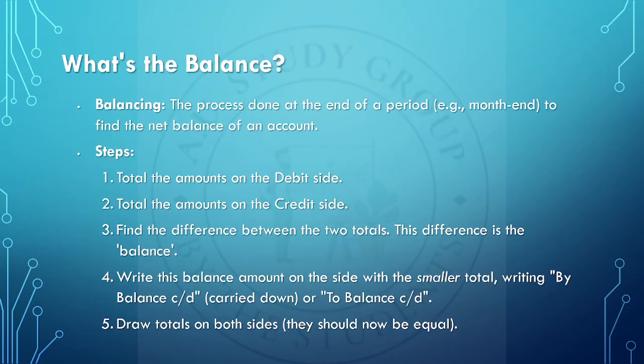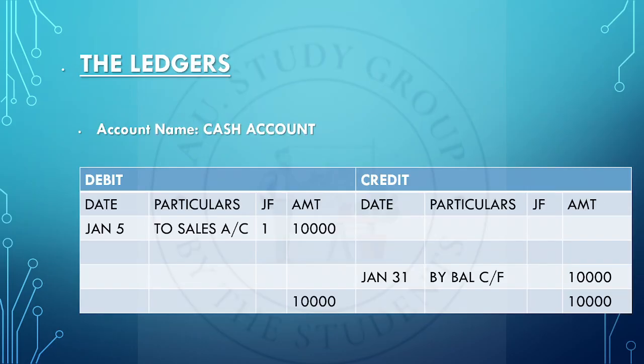Now let us understand how balancing is done. First, you total the debit side, then total the credit side, and find the difference. The difference is the balance. Example: the cash account. We had only one entry, as we didn't want to confuse you. On the debit side, the total is 10,000.